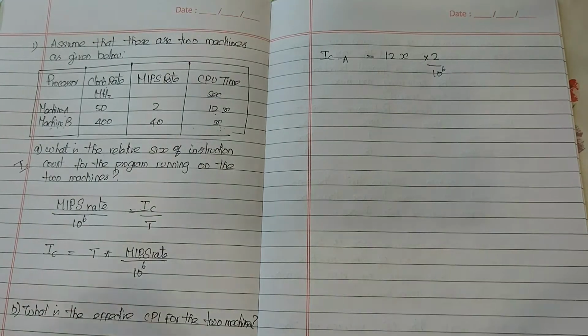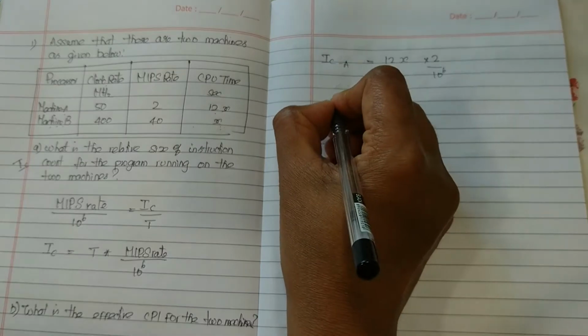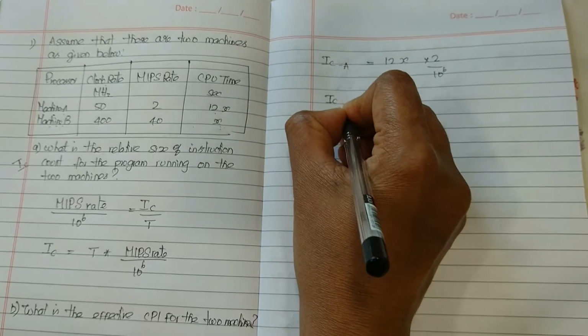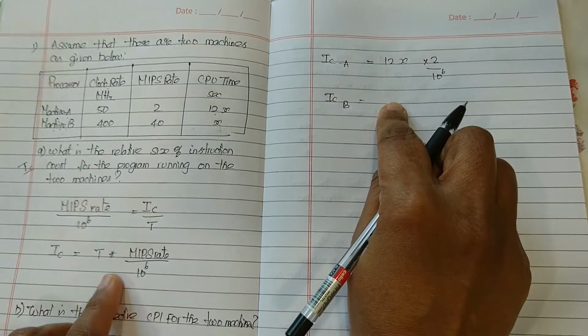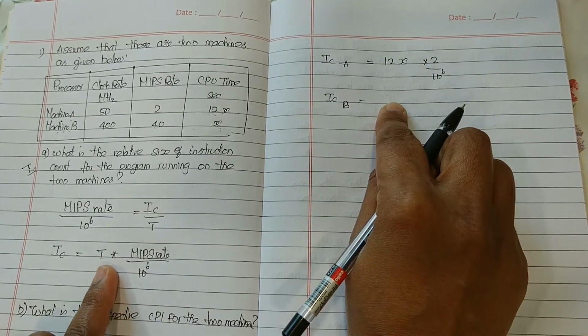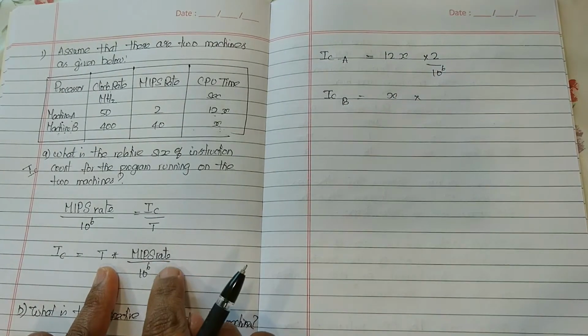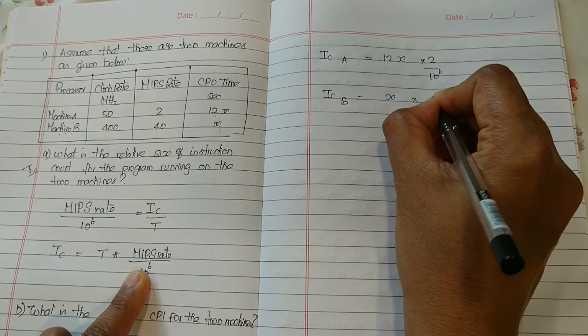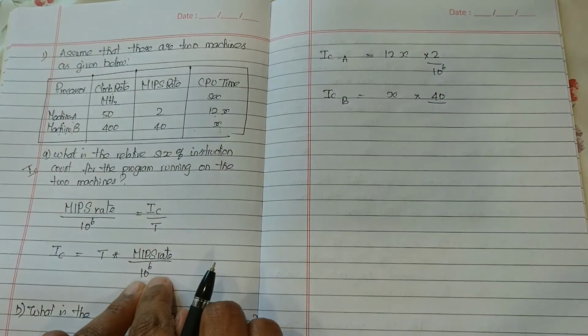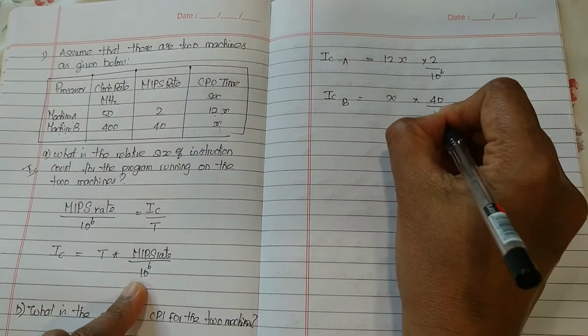Fine, this is for machine A. Let's do it for machine B, the instruction count for machine B. The formula here is T, the CPU time, which is x, multiplied by the MIPS rate, which is 40, divided by 10 power 6.